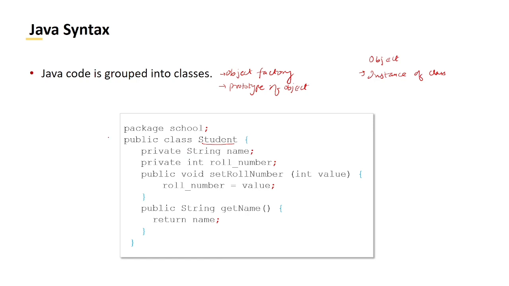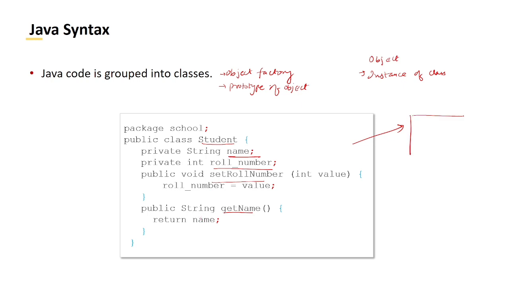Okay, so here we have a class, and now this class will be producing an object, let's say student, and that student will be having a name, that student will be having the roll number as defined in this particular class. Also we can even call the set roll number function and get name function from the object which has been created, to set the roll number of that particular object and to get the name of that particular object.